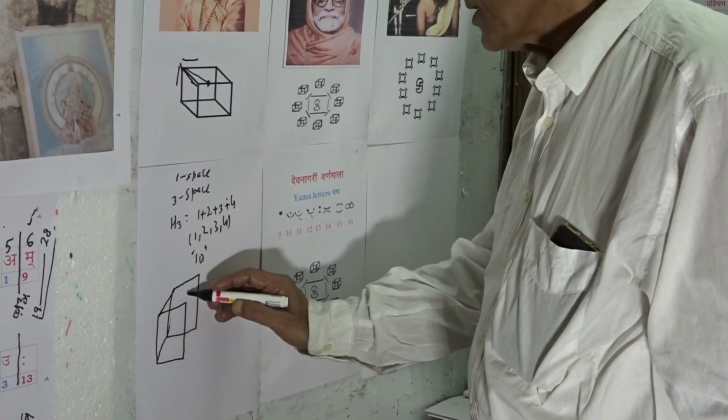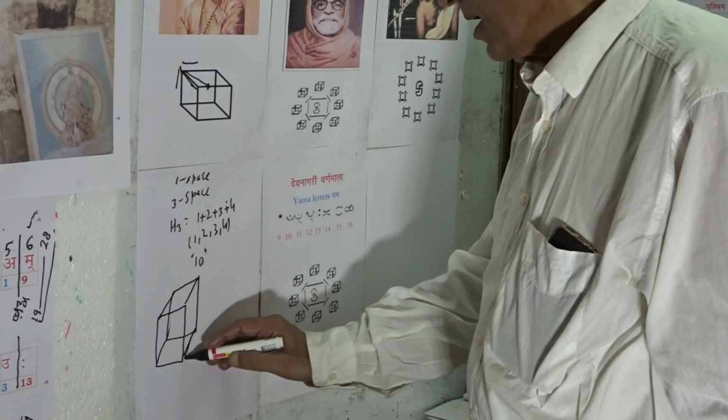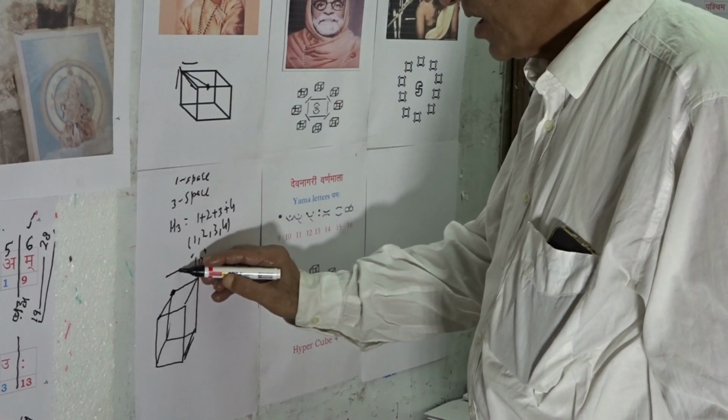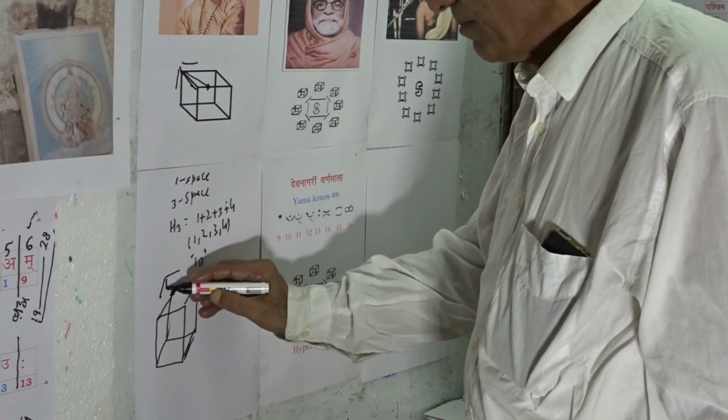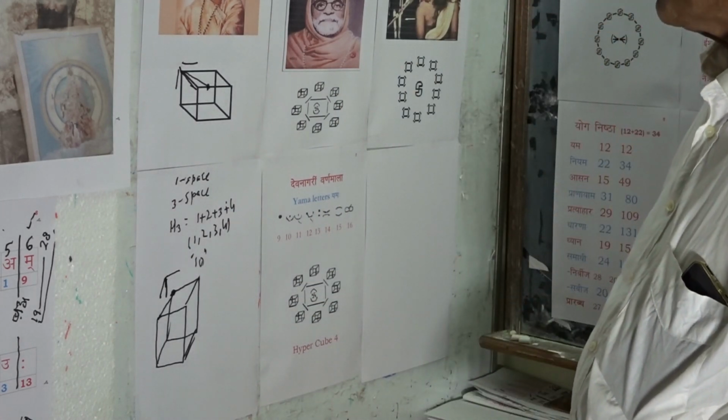Now, cube is a setup of 8 corner points, and in each of the corner points is embedded a 3-dimensional frame of half dimensions.